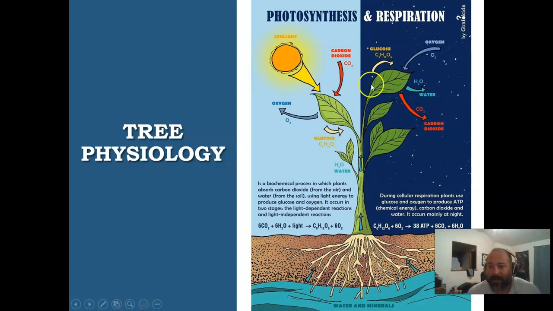So at night, the process is glucose and oxygen producing chemical energy, and then carbon dioxide and water. So you've got this non-stop system of photosynthesis and respiration working together.